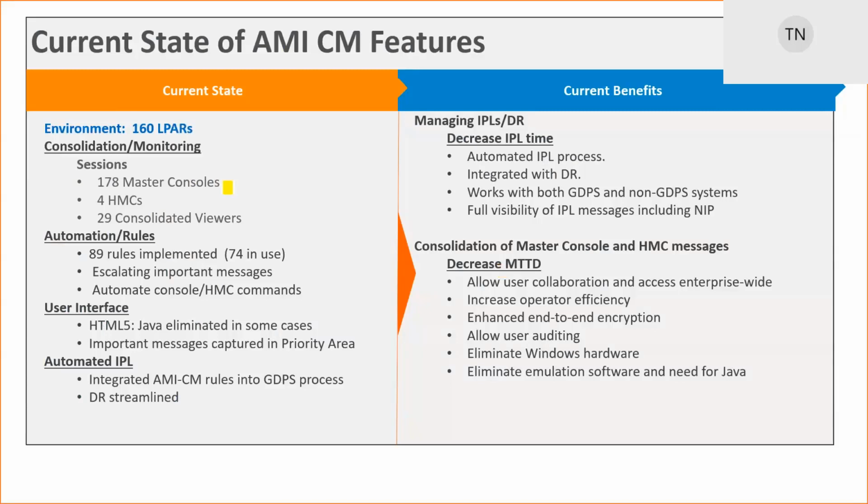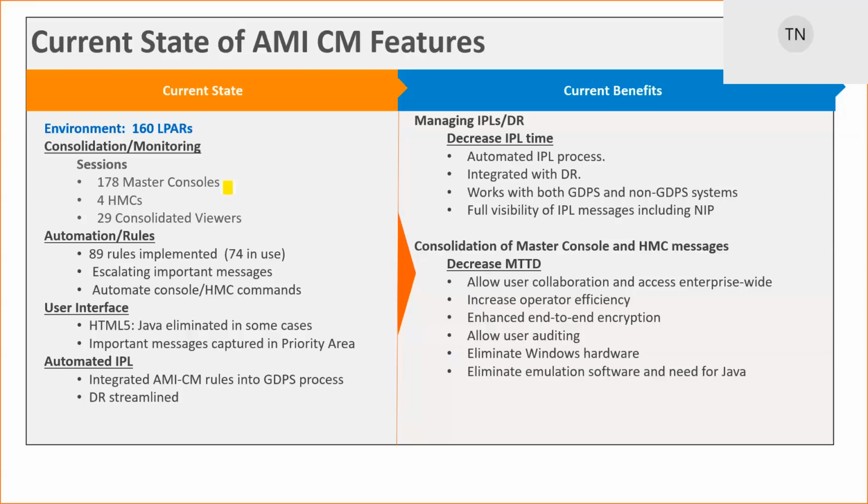So that's 29 views, merged views of consoles and/or HMCs. They have 89 rules, 74 are in use. On the face of it, it's hard to make any judgment about that, really. Often you'll create rules and they just kind of fall out of favor and you stop using them. Something we would just point out, though.